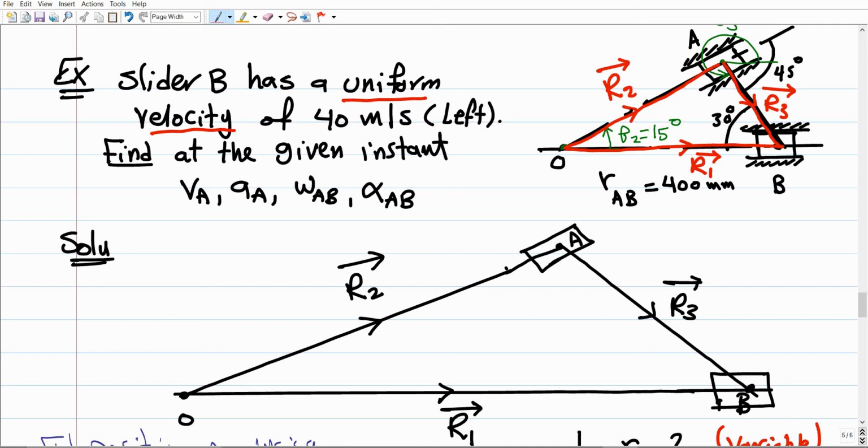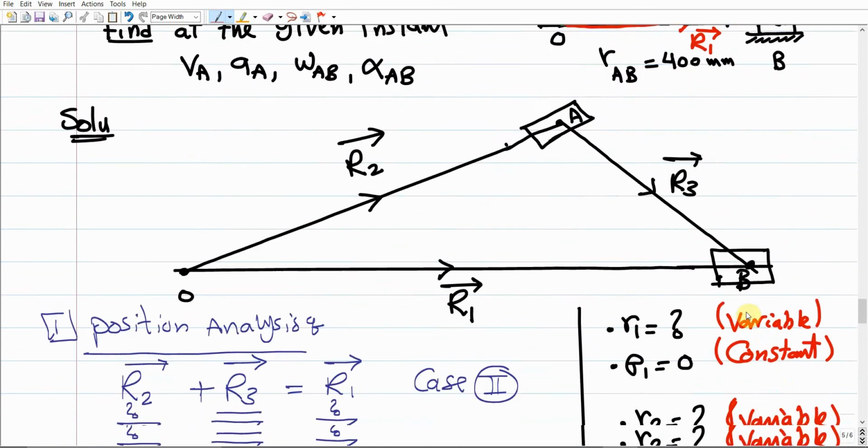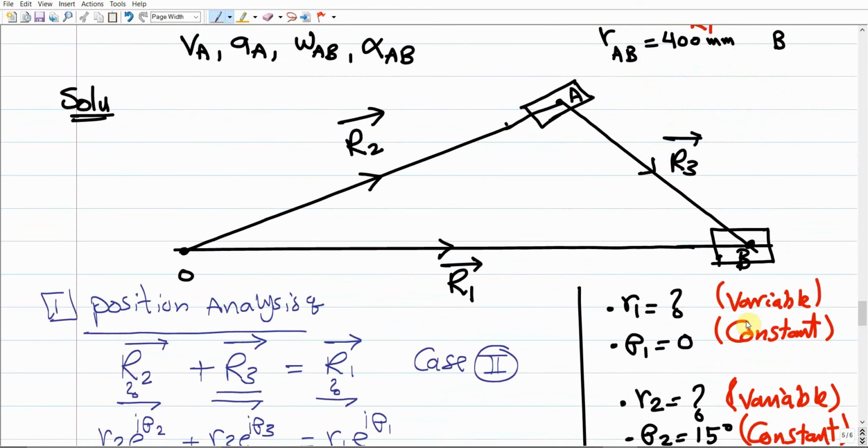Make sense? So that's why it is important to keep an eye on the information given about the velocities in the problem. Here it is mentioned that we have a uniform velocity of 40 meters per second to the left. It means that the sliding velocity, which is VB, which is R1 dot, should be constant.